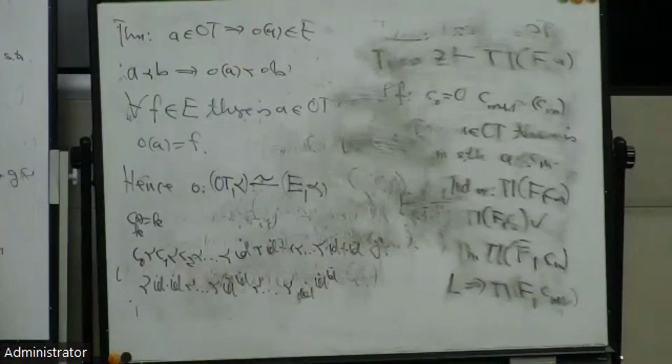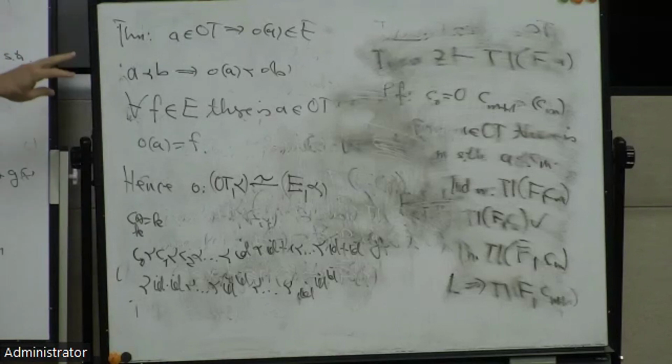And we can iterate, and then we see the iterated exponential powers are cofinal in E. And this gives a nice bijection between the formal system OT and this nice function class E. To see how the ordering works, it can be best visualized by looking at E and not looking too much at the formal system OT.